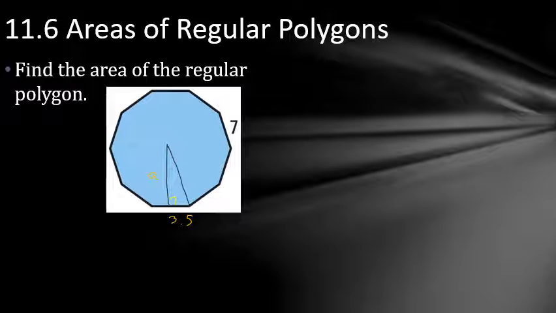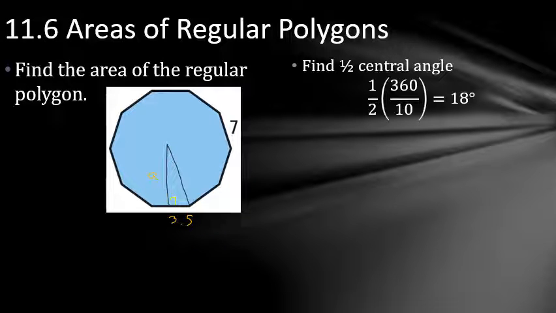So to find the apothem, I need to start by finding 1/2 of the central angle. That's 360 degrees divided by the number of sides. There are 10 sides, and that'll give me this angle right here. So it's 18 degrees. So I know this is 18 degrees.